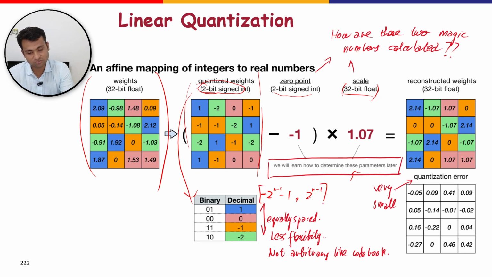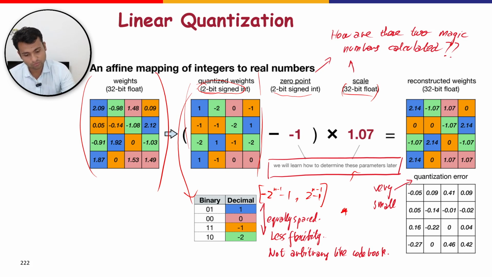So this is the range which you can go. So if it is 2 bits, then you can go from 1, 0, minus 1, minus 2, and if you are having 3 bits, then just put 3 inside this, so 2 to the power 3, and here also it's actually minus 1.